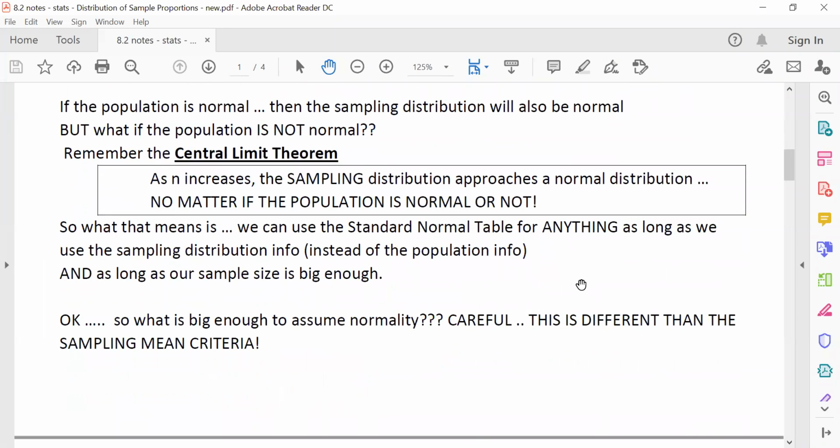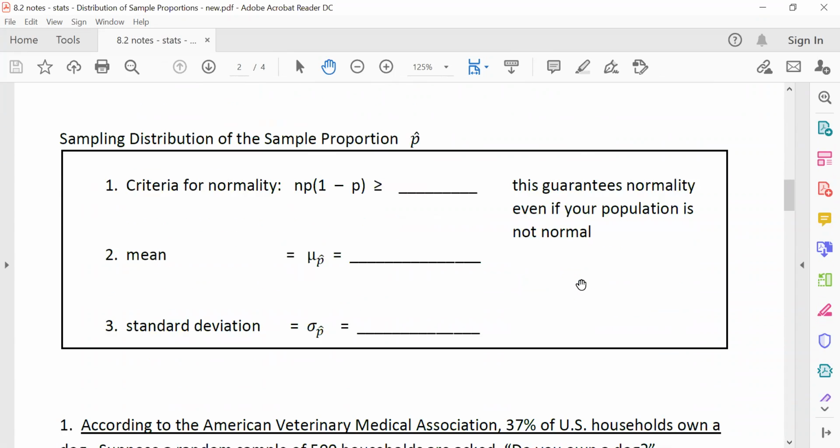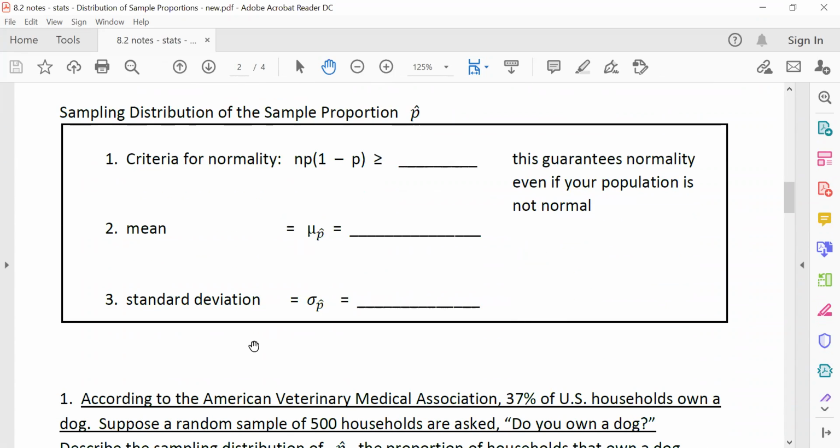The central limit theorem is going to tell us that as long as we take a large enough sample, and also one other criteria, we can assume that the sampling distribution is going to be roughly normal. So it turns out that we need a slightly different thing.